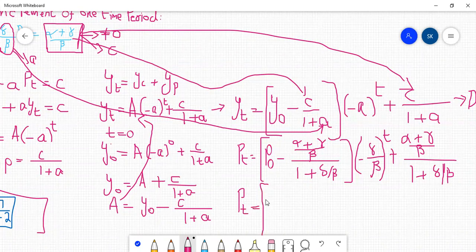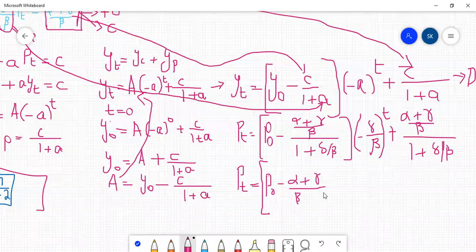Let me solve it again. P naught minus, now this should become alpha plus gamma, the whole divided by beta, because this beta is basically multiplied by this equation.